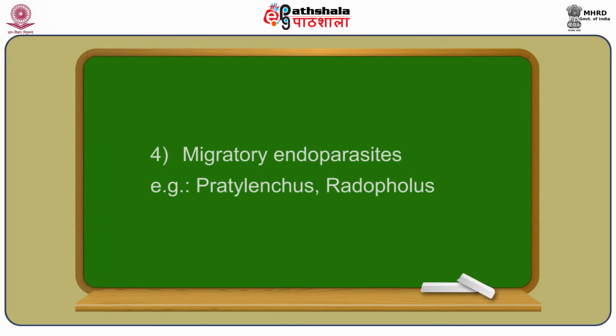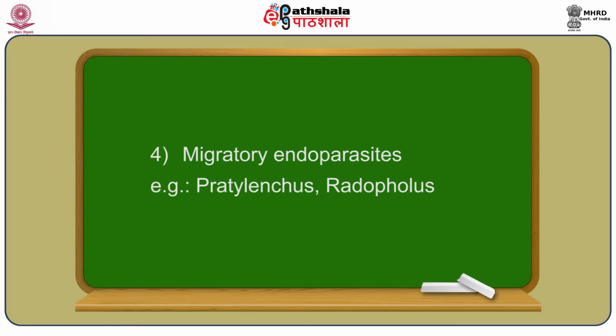Next one is migratory endoparasites. These parasites are found in the subfamily Pratylenchinae, with Pratylenchus and Radopholus being the most economically important genera.